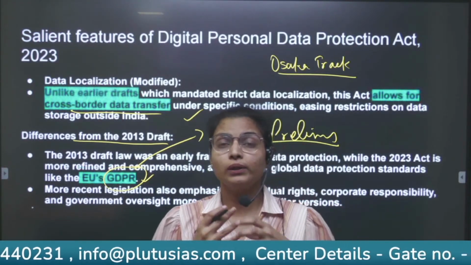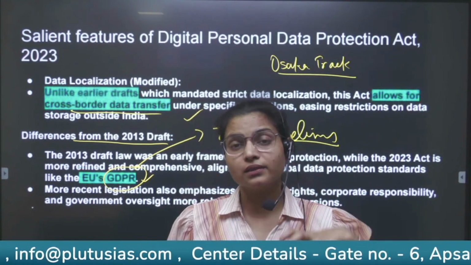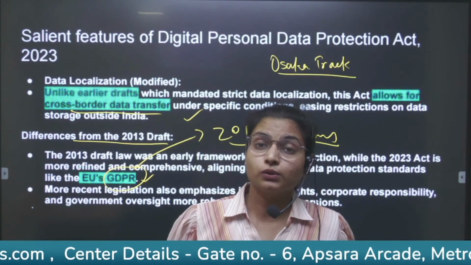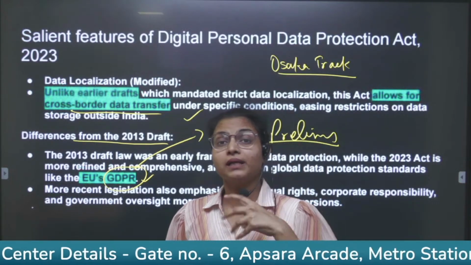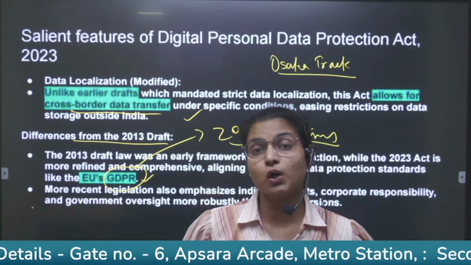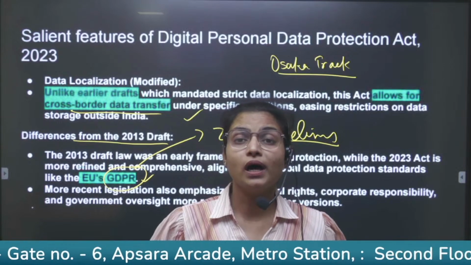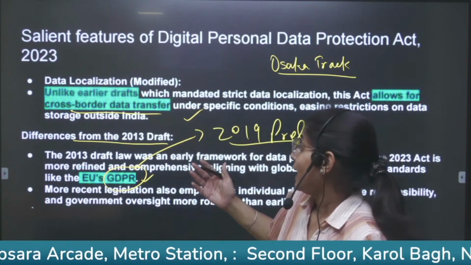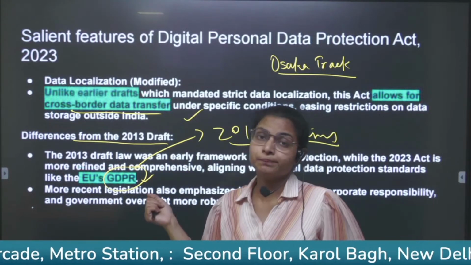And this is how whenever something remains in the discussion or in the newspapers, those factual things are asked by the UPSC, because they expect you are following current affairs and you are aware of what is happening. And this was asked in 2019 prelims.